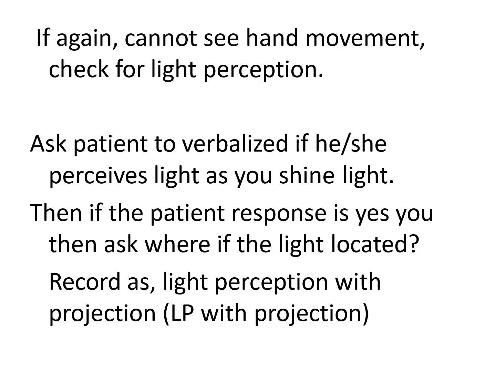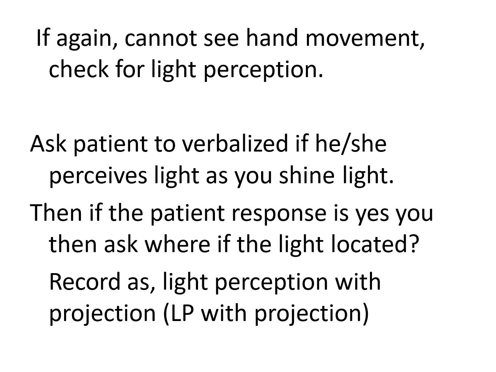And if again the patient cannot see the hand movement, check now for light perception, meaning we would want to see if the patient is recognizing or seeing light. So ask the patient to verbalize if he or she perceives light as you shine it. You may use your pen light.